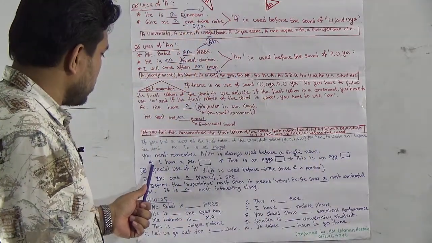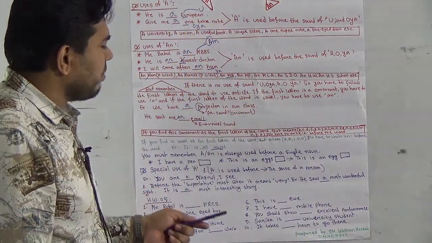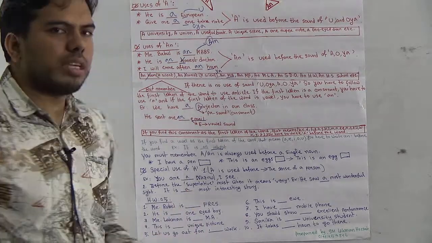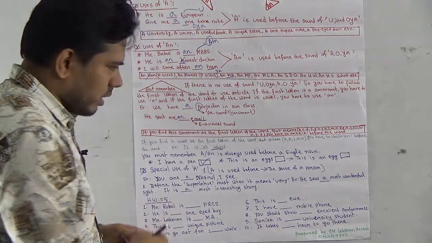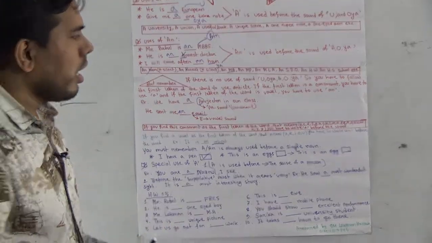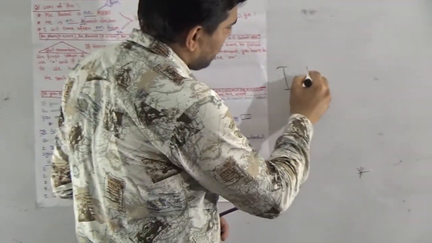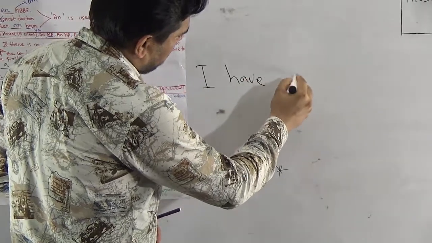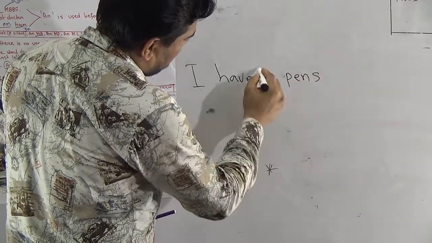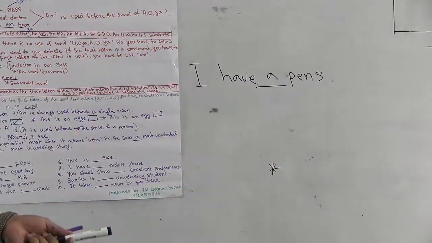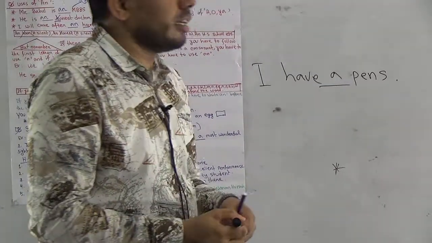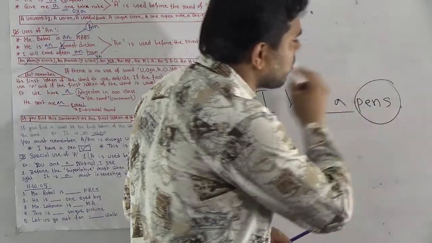Okay. Next one, see an example. I have a pen. Yes, I can say I have a pen is right. But is it possible to say here I have a pens? No, you can't say, because here our noun is plural.